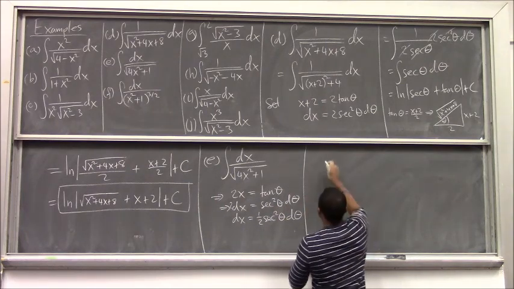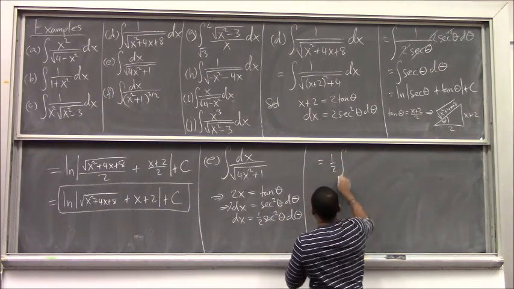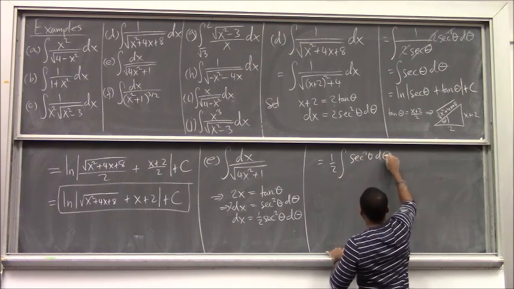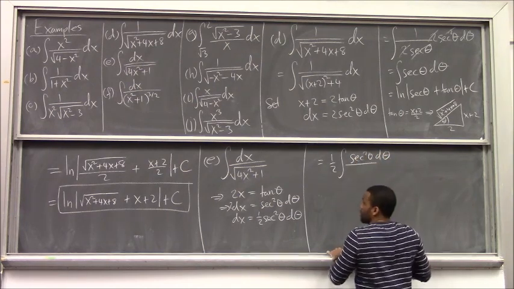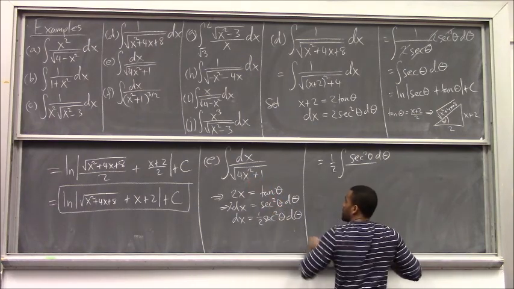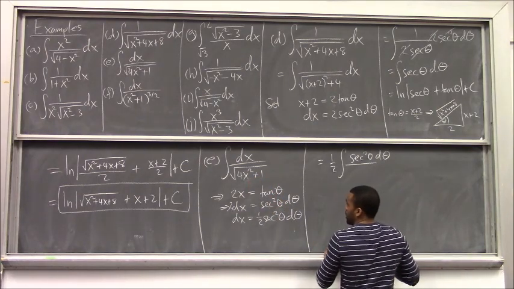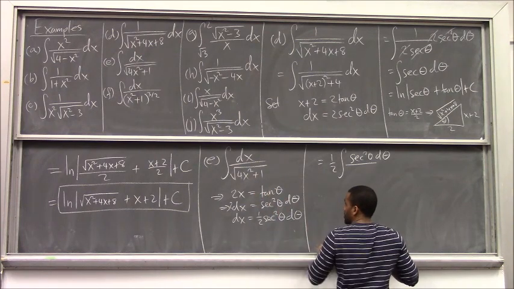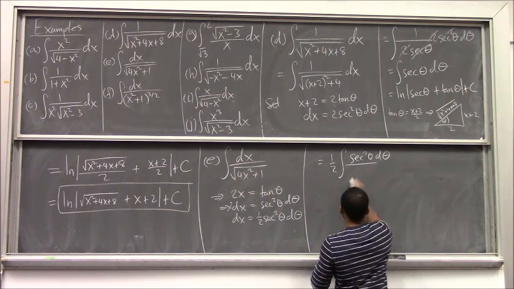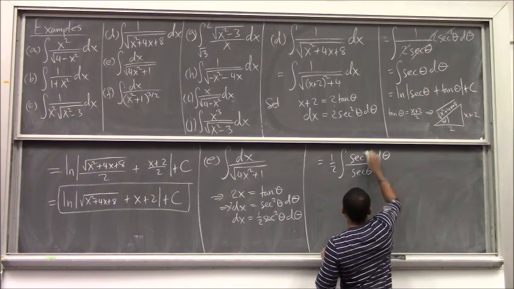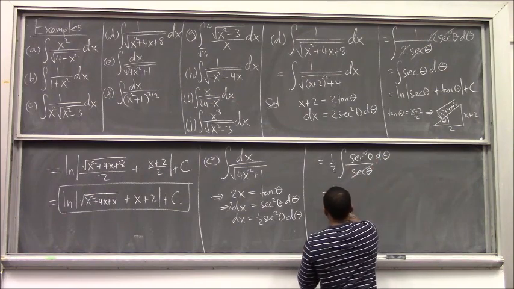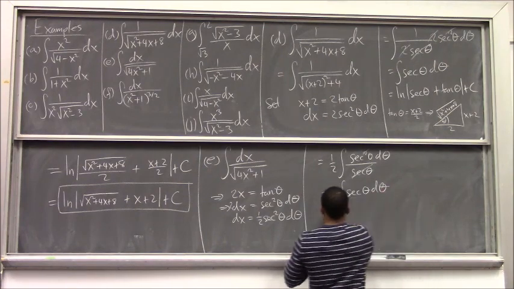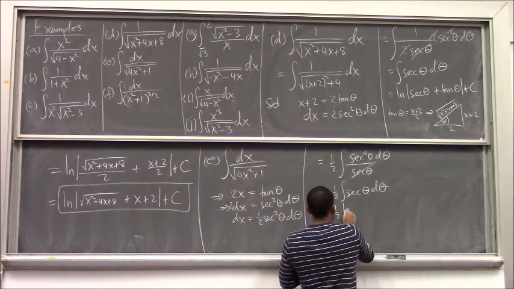So this is going to become 1/2 secant squared theta d theta over this whole thing, which becomes tangent squared plus 1, which is the radical of secant squared. So that's just the secant. This cancels that. So that's 1/2 ln.